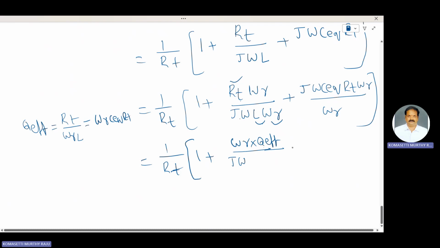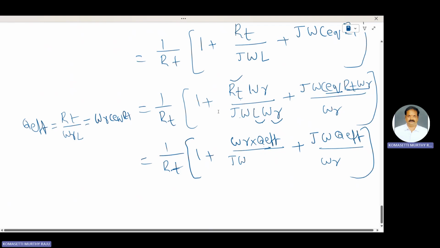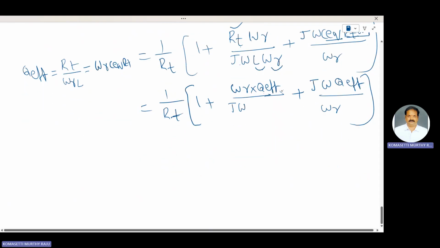That is jωL plus, here jω C equivalent RT into ωR, that is equal to Q effective. jω, Q effective by ωR. Here numerator and denominator are multiplied with j. j into j squared gives the minus term. Here j is the common term.